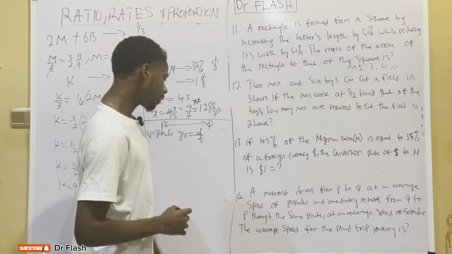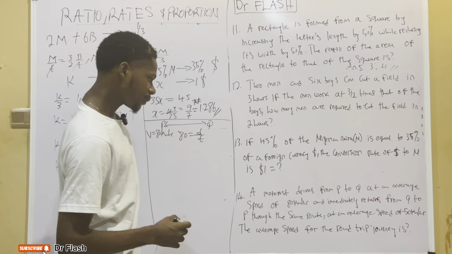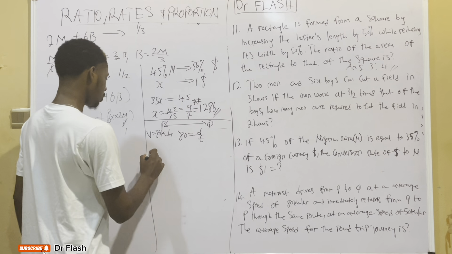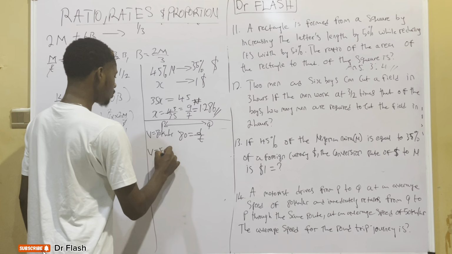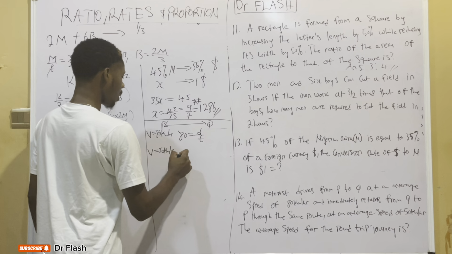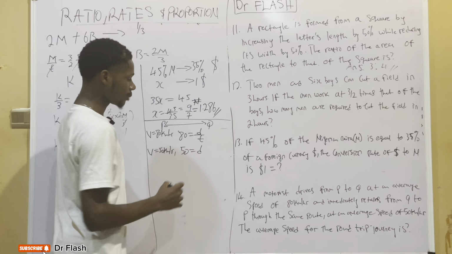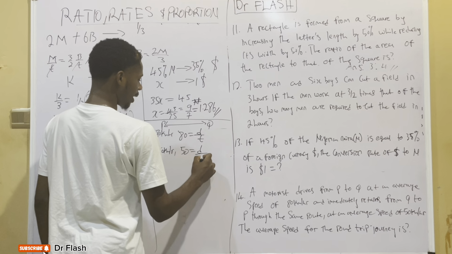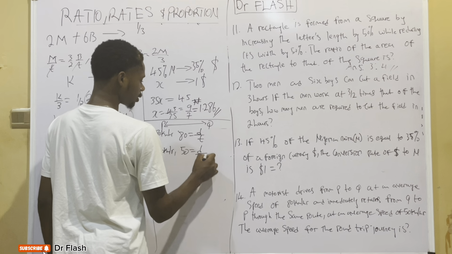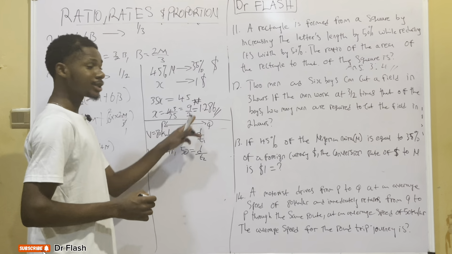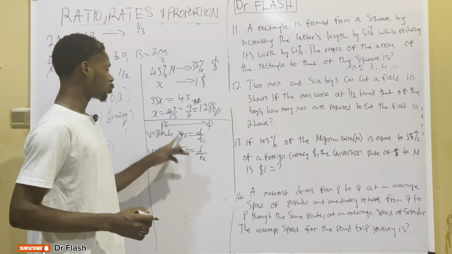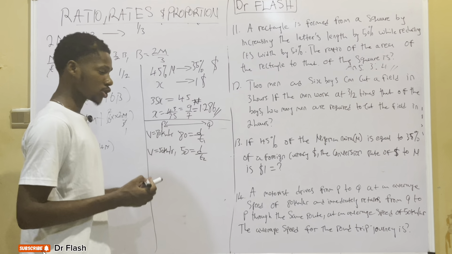And then again, when it comes back, the average speed was given as 50 kilometers per hour. So when V is 50 kilometers per hour, we have 50 is equal to D, which is the same, divided by T. Let's call this T2, and this is T1. Only the time is changing; the distance, P to Q, same as Q to P, is not changing.